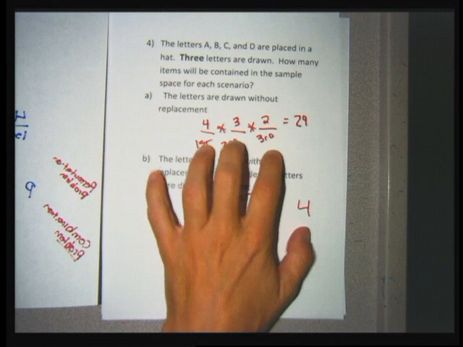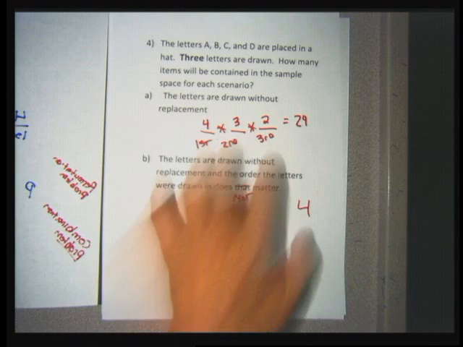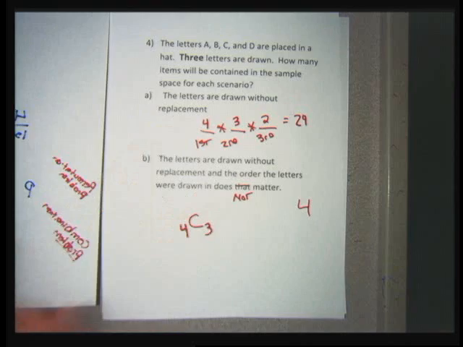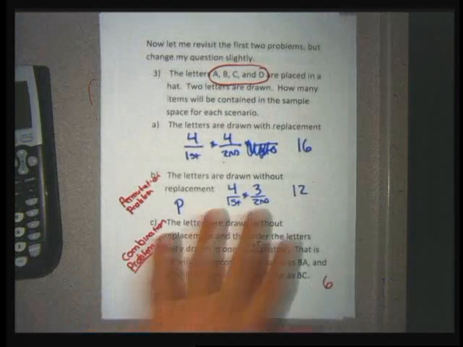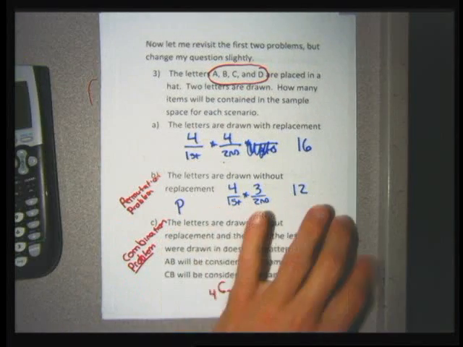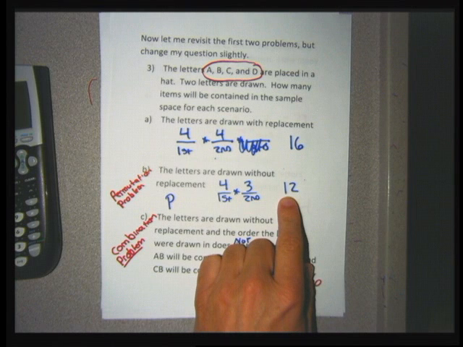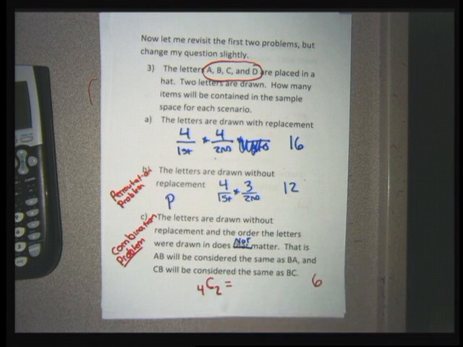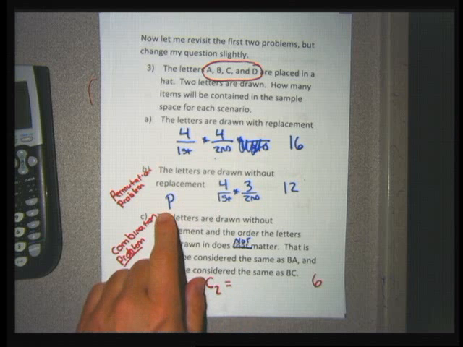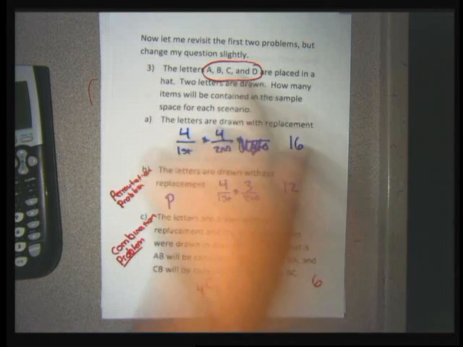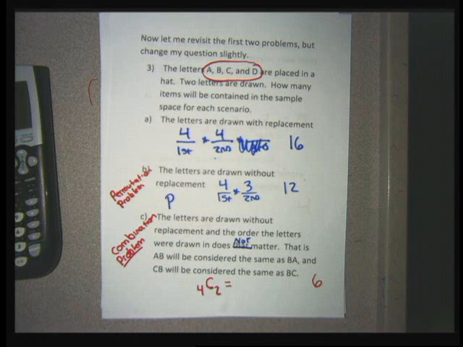Using my calculator to not multiply 3 numbers to get the answer to 4A, or not multiply 2 numbers to get the answer to 3B seems silly to me, but it can be done. So if I wanted to get this answer 12, how many ways, without listing the sample space, for this particular problem, when I'm taking letters from this group and I'm not replacing, but the order is important, that's a permutation problem.